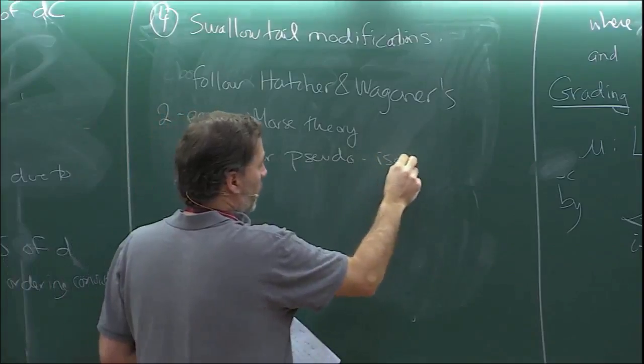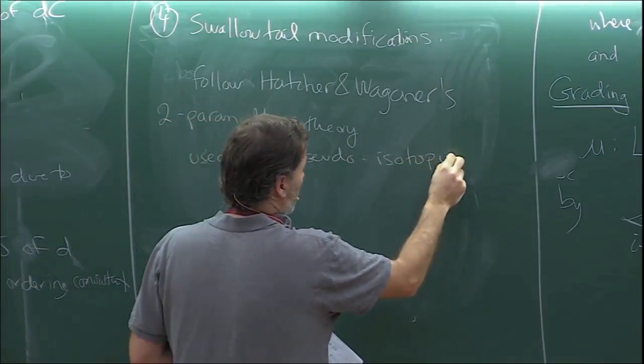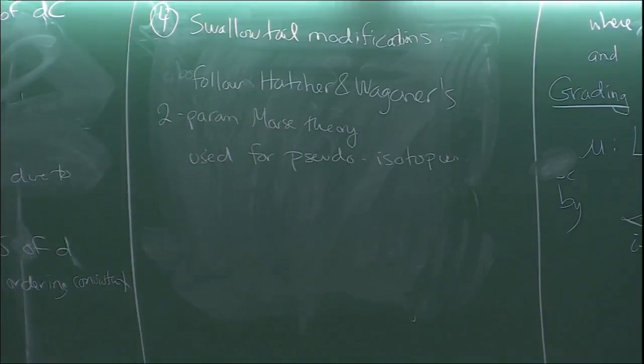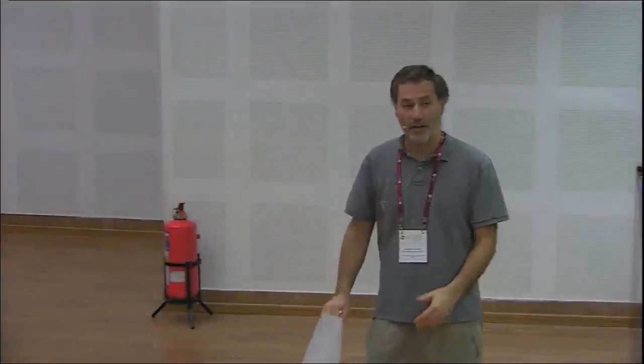They have some results studying when a pseudo-isotopy is an isotopy, not that that's relevant to this discussion, and basically it boils down to looking at not just a single Morse function, but a two-parameter family of Morse functions. And they draw their Cerf diagrams, and they see these things like swallowtails, which they call dovetails.